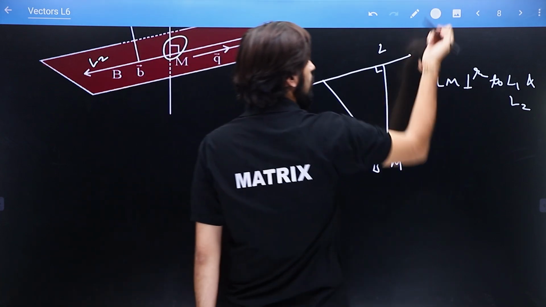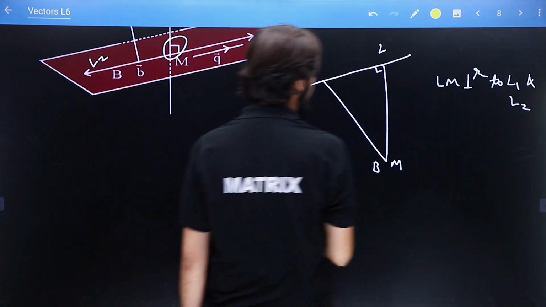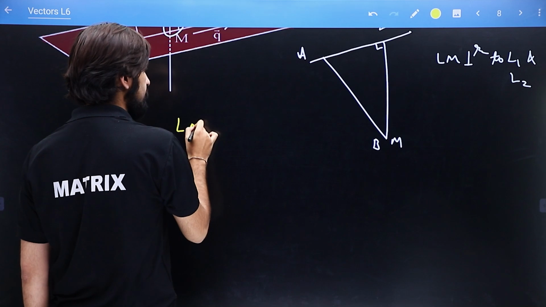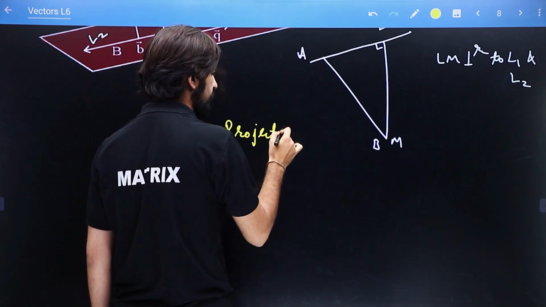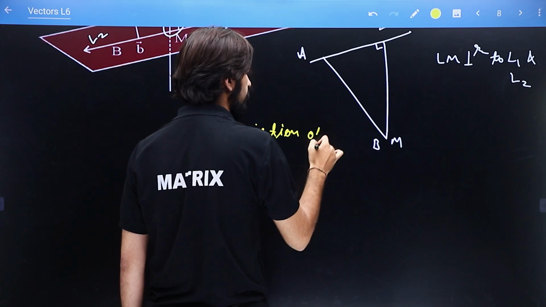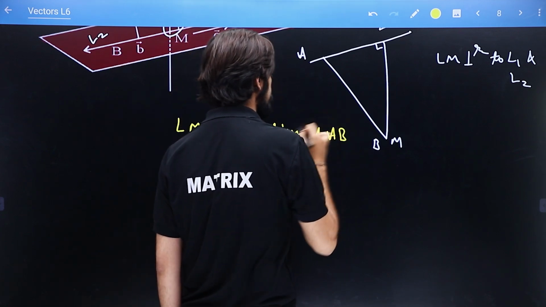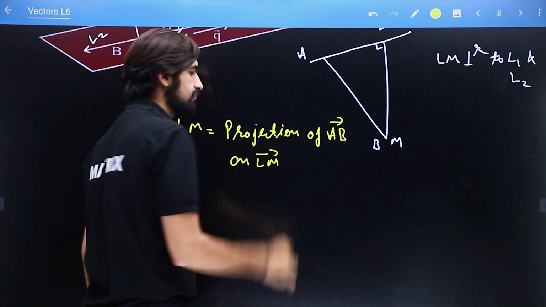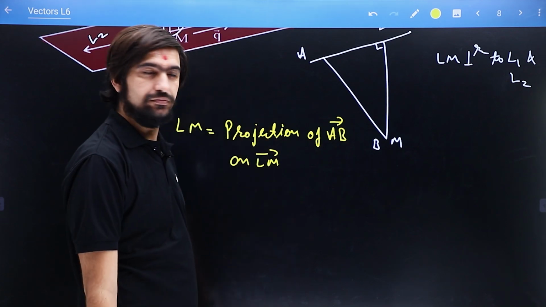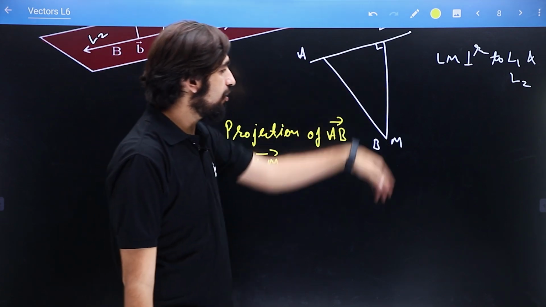So what is LM? LM is nothing but the projection of vector AB on the LM vector. Okay, this is the projection of AB on the LM vector.